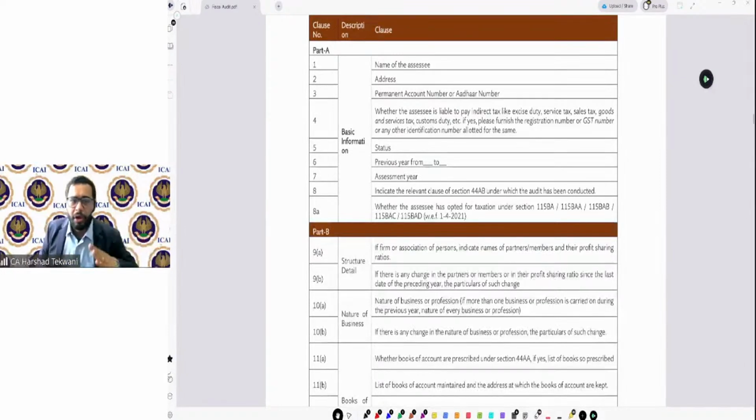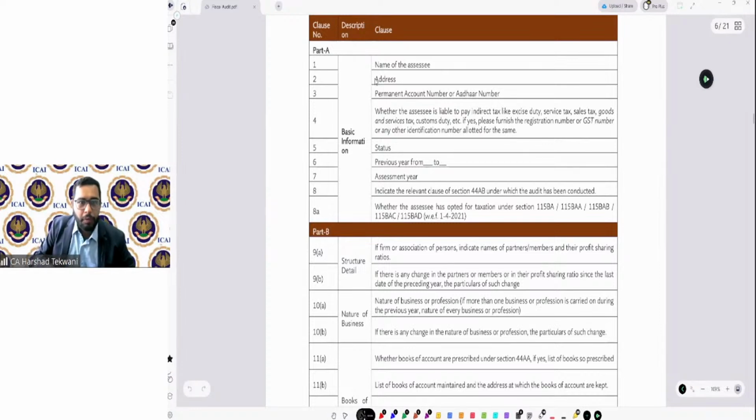These 9 clauses, 1 to 8A, are part of the basic information: name, address, PAN, indirect tax details, status, previous year from and to, assessment year, under which clause 44AB is relevant for this assessee, and presumptive taxation. So these are the 9 things that are there in the basic part.